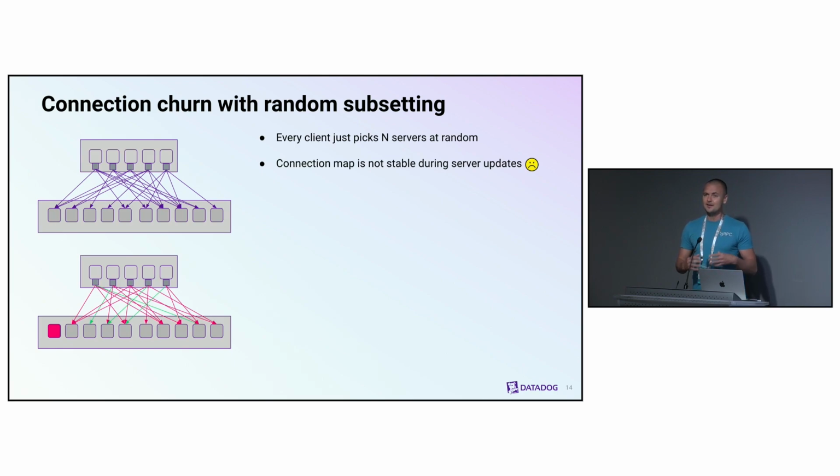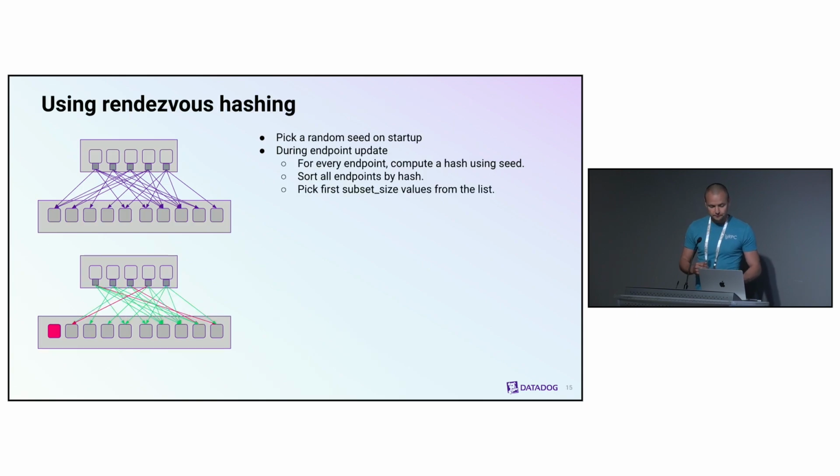At this point, every client recalculates its subset, and the probability that it will pick exactly a similar subset is very low. In red, I marked all new connections, and in green are connections that are being preserved. As you can see, most of the connections are completely replaced, which is something we want to avoid.